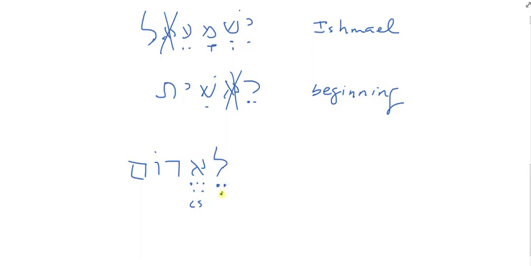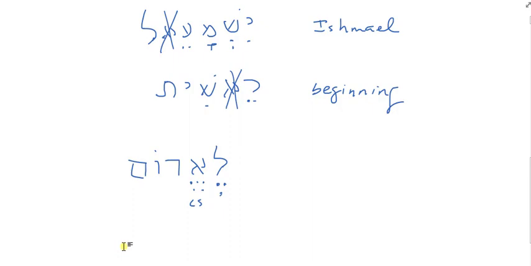So this is what would happen with to Edom, le Edom. Now in this situation, this will end just like that. Okay, I'd be done. But there are some other times when I would do the same thing and the aleph would quiesce. And an example of that would be with the word for God, which is Elohim.